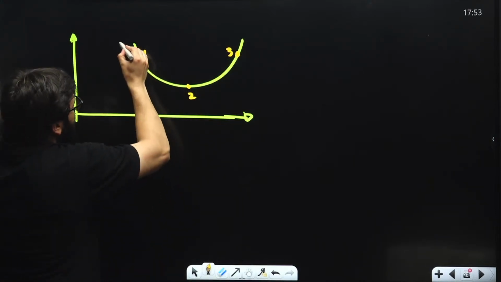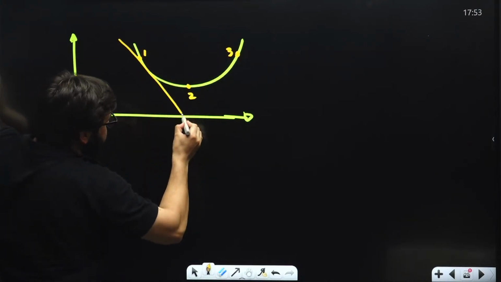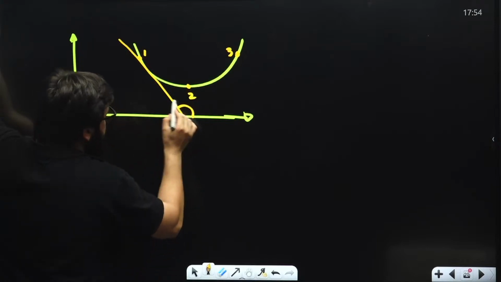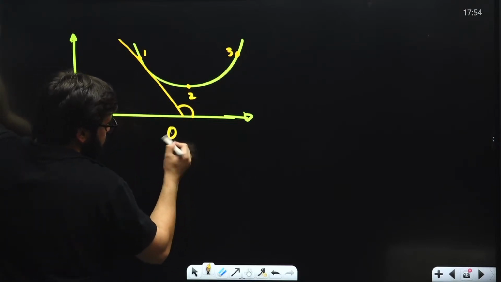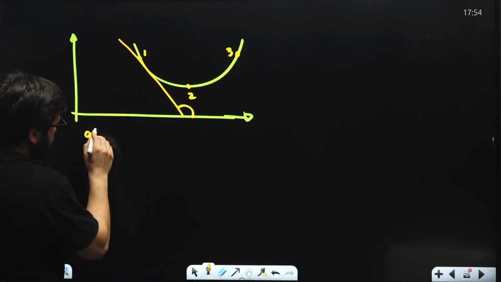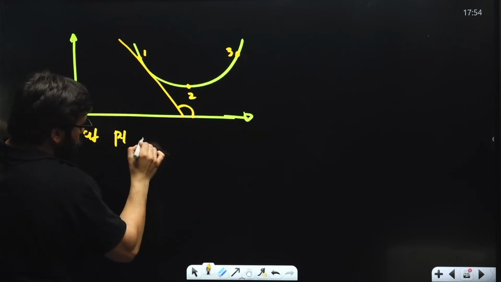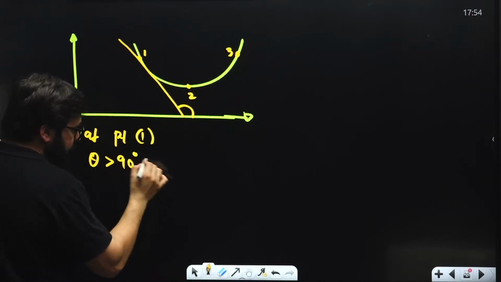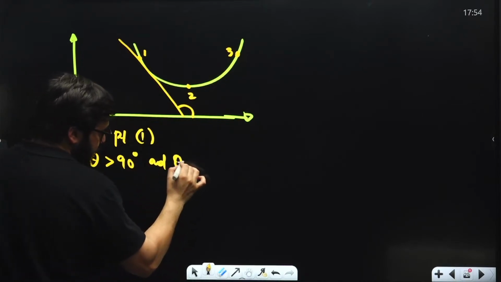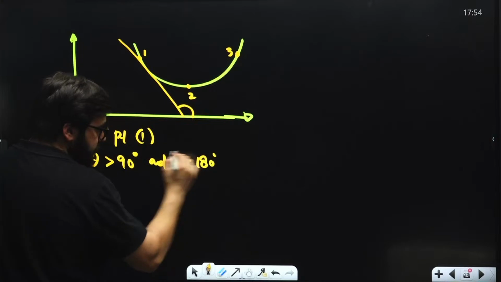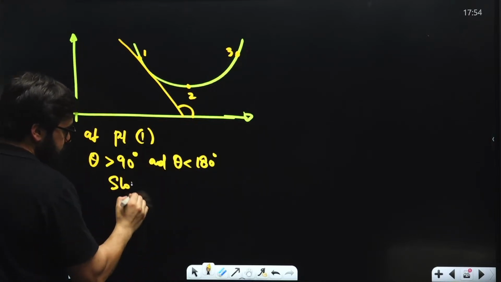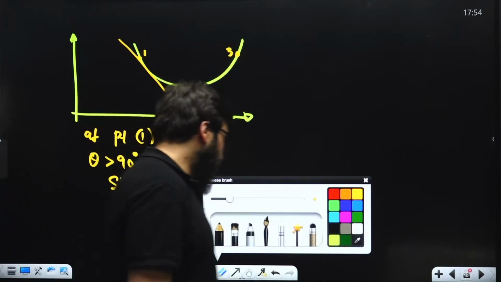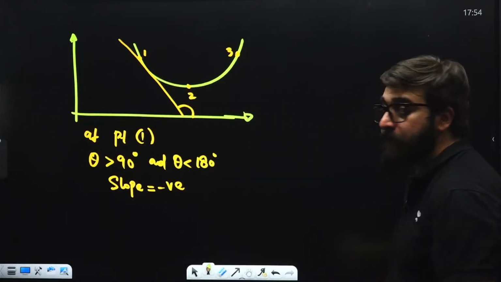I say draw a tangent over here and check how much angle it is making with the x-axis. We say here, this theta is at point 1. I'll write at point 1. We say theta is greater than 90 degrees and theta is less than 180 degrees. So we say slope is negative. At 1, slope is negative.